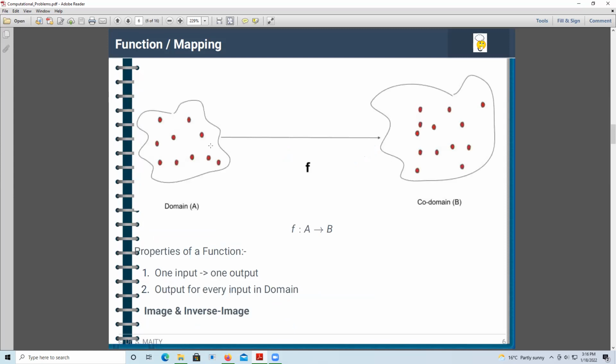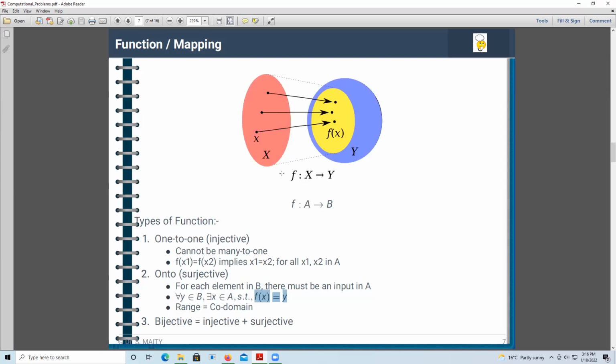So f(x) is equal to y. If f(x) is equal to y, here it is shown clearly: x is this element and f(x) is this element in y. Then we say that this element in the codomain is called the image of this element.